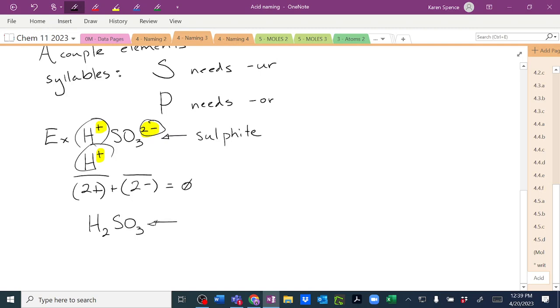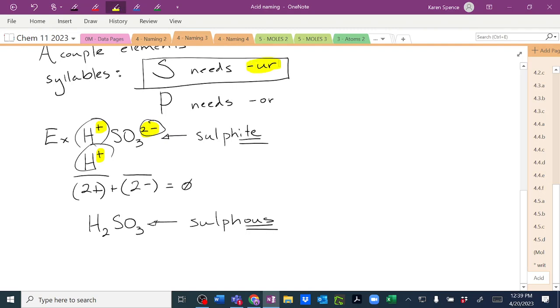Now normally, if we were following just the ous rule, we would look at sulfite and say, oh, that's easy, that must be sulfous acid. Except that sulfur needs ur in front of the ous, and right after the sulf.